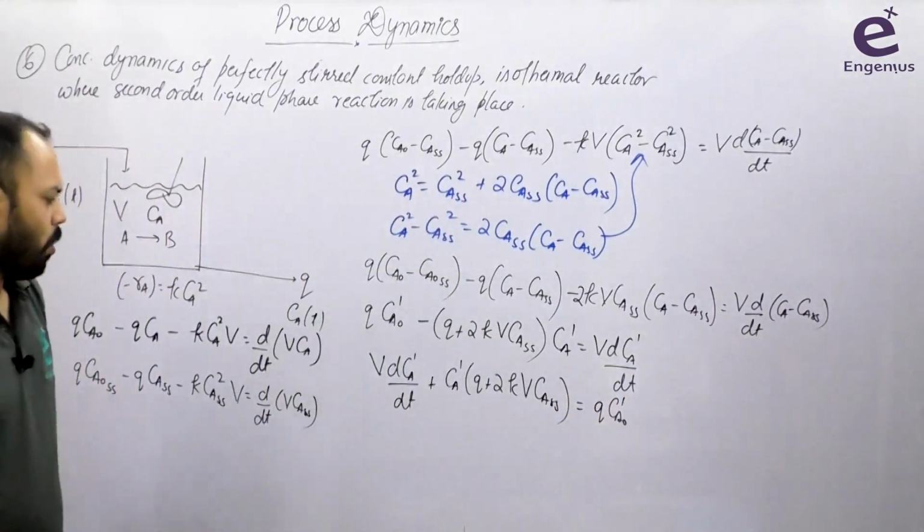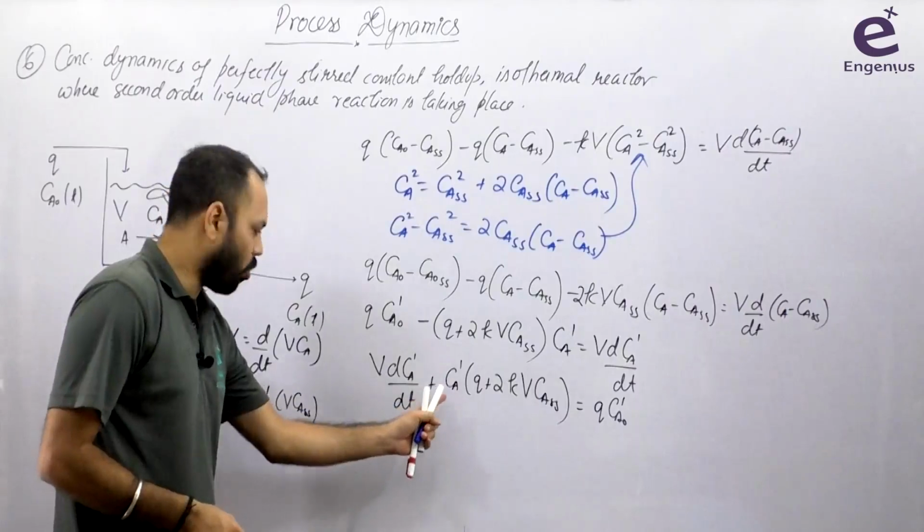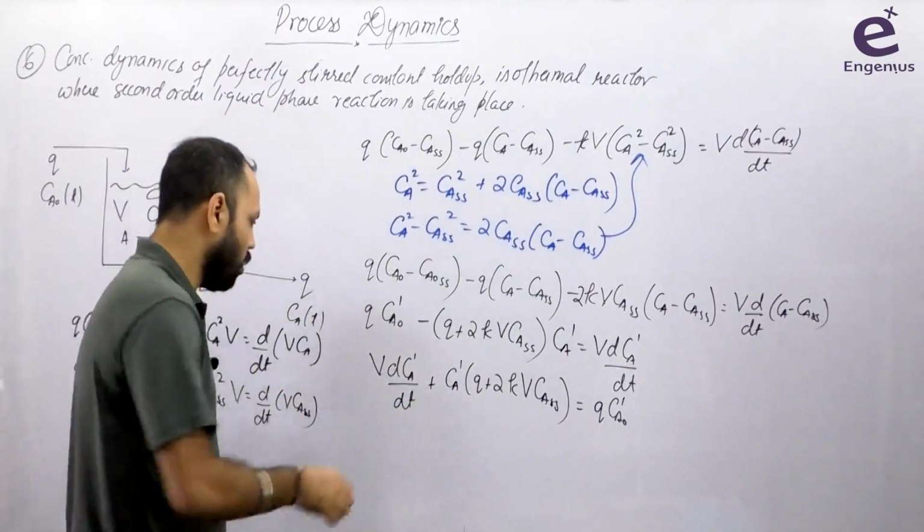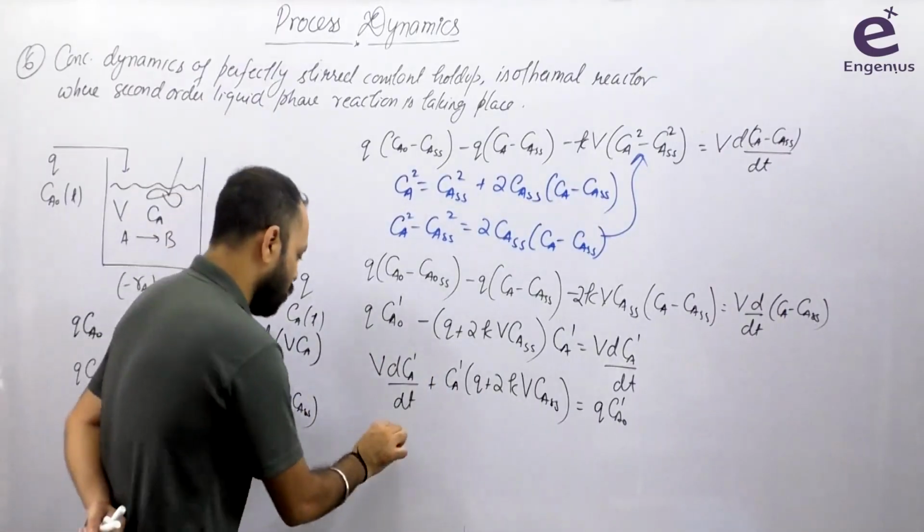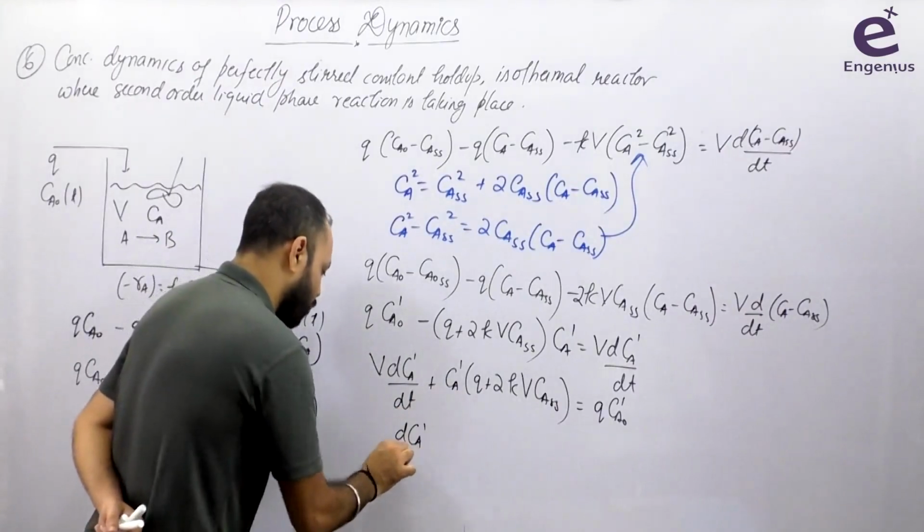Understood? What has to be done now? The coefficient of this has to be made unity. For this, I will divide the equation. Now I think you can write the transfer function.